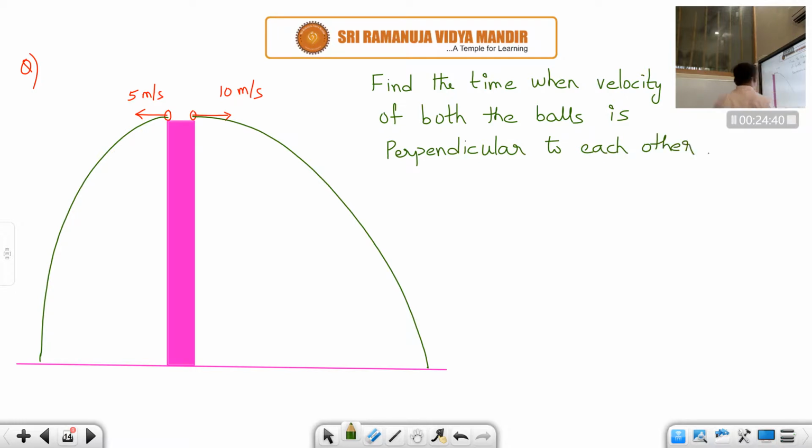Velocity of both the balls is perpendicular to each other. Okay, students, I hope you understood. Find the time when the velocity of both the balls is perpendicular to each other.